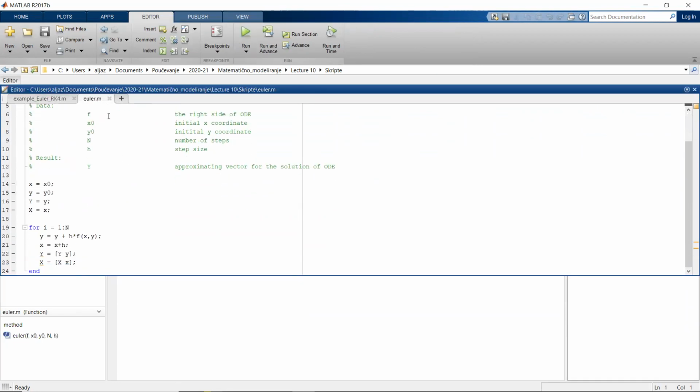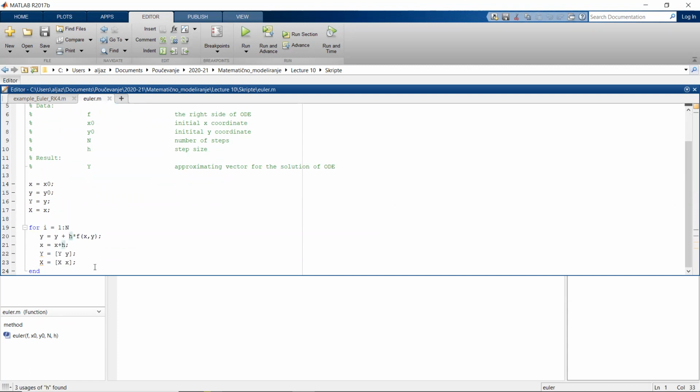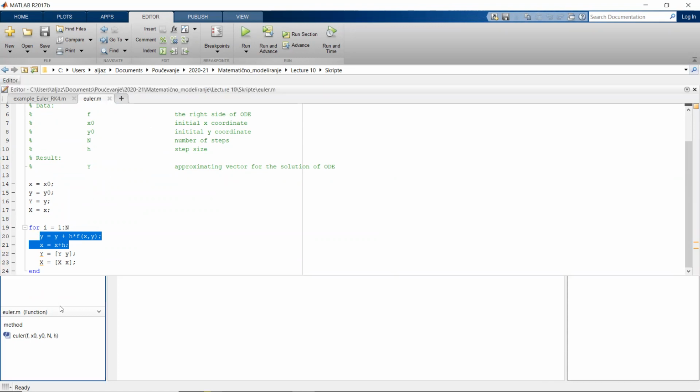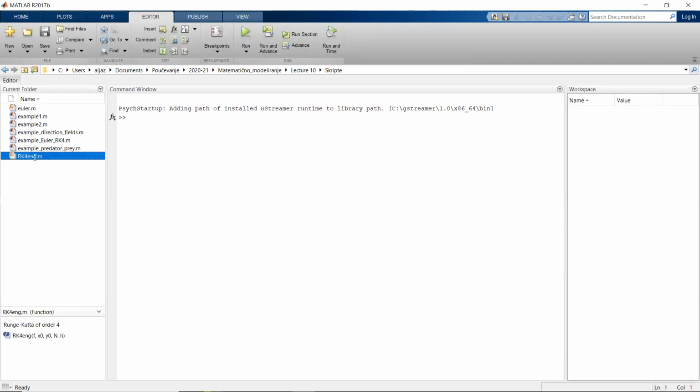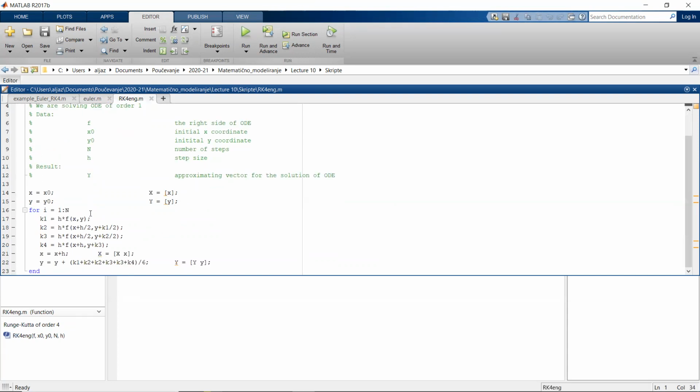You see, the Euler method is very easy to implement. We give it a function, initial x, initial value of y, number of steps, and step size. And it does what we saw on the slides. And the Runge-Kutta method needs the same arguments. However, in every step of the algorithm, it does 4 calculations, not only 1.